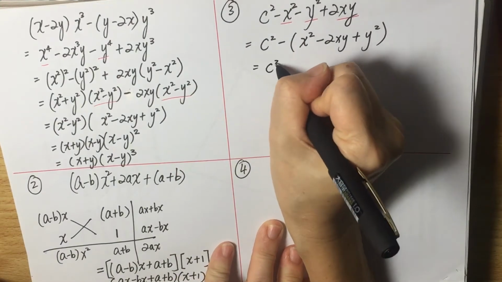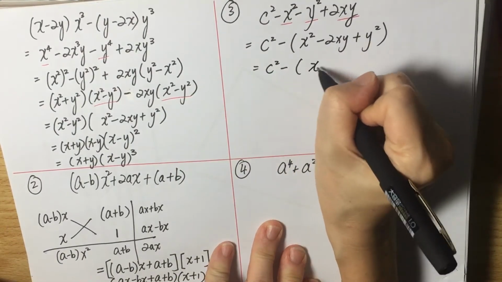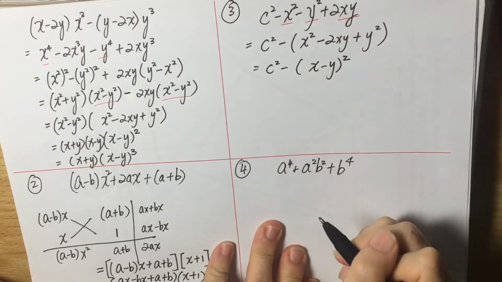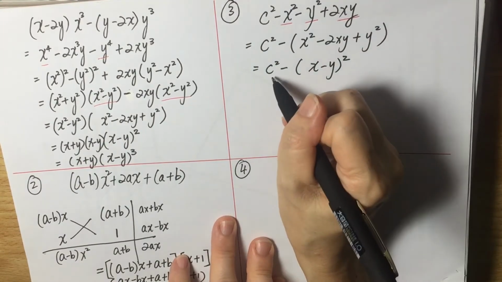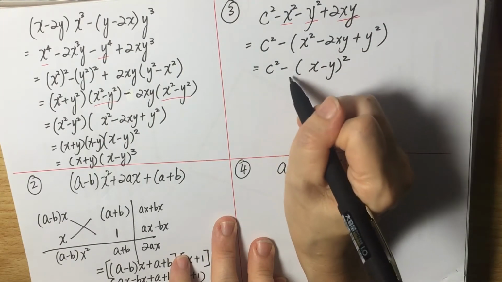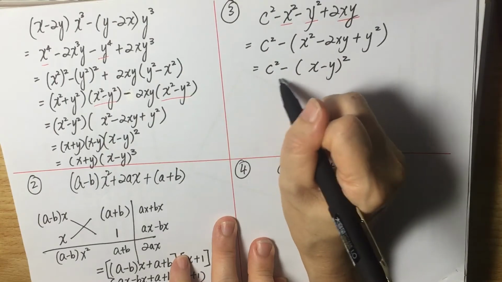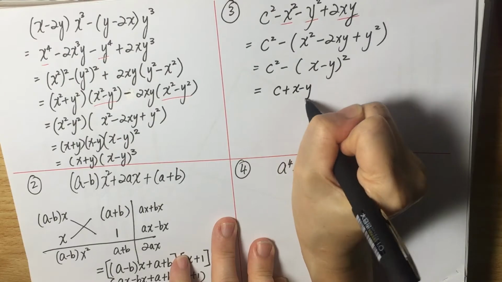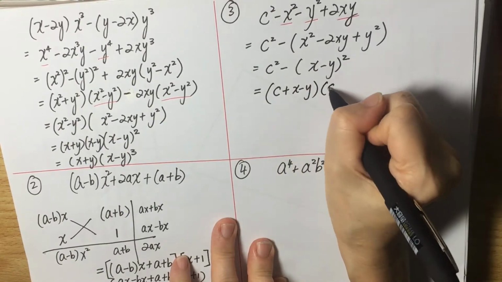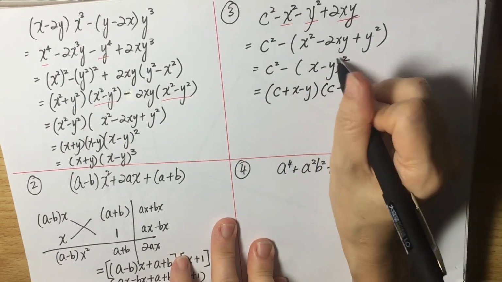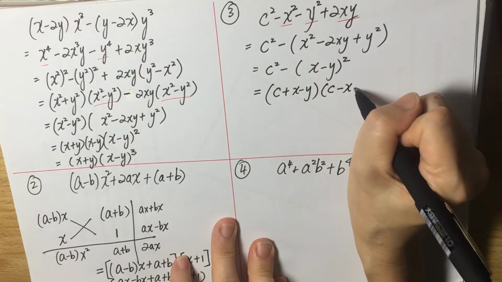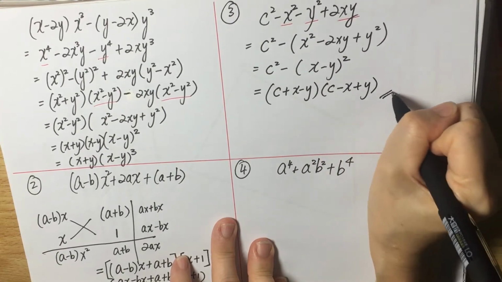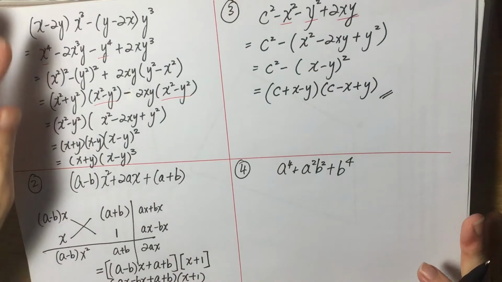And this is actually a perfect square of x minus y. Now I have something squared minus something squared, so the difference of two squares, I'll have c plus (x minus y) multiply with c minus of this whole thing, so minus x and plus y, and that's all. Cannot simplify any further.